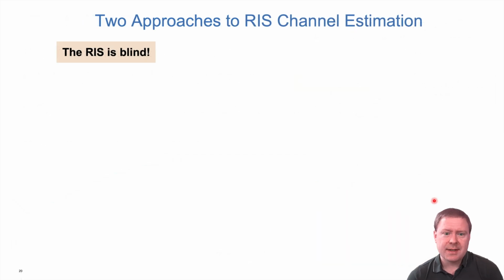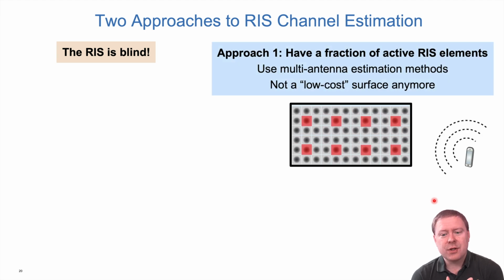How can we then estimate the channels? The problem is that the RIS is blind because it just reflects the signal, and we can only observe at the receiver if we get a good or bad signal quality. In order to address this, some people have suggested that maybe some of the elements in our surface will actually have receive antennas, and that can be used to estimate part of the channel.